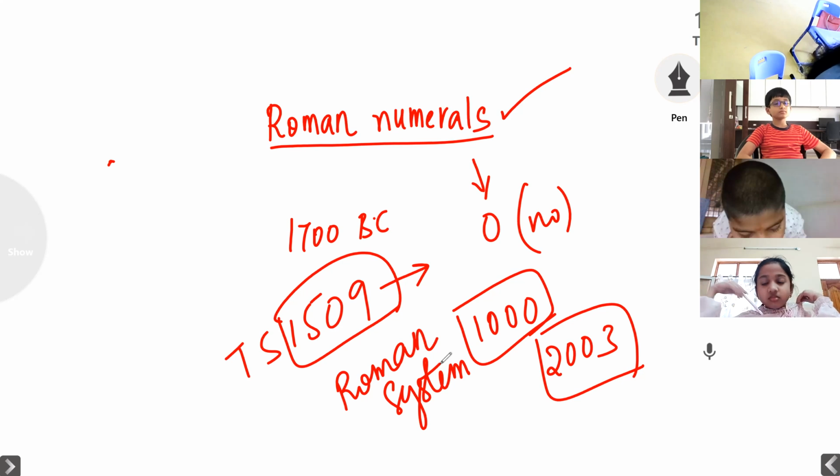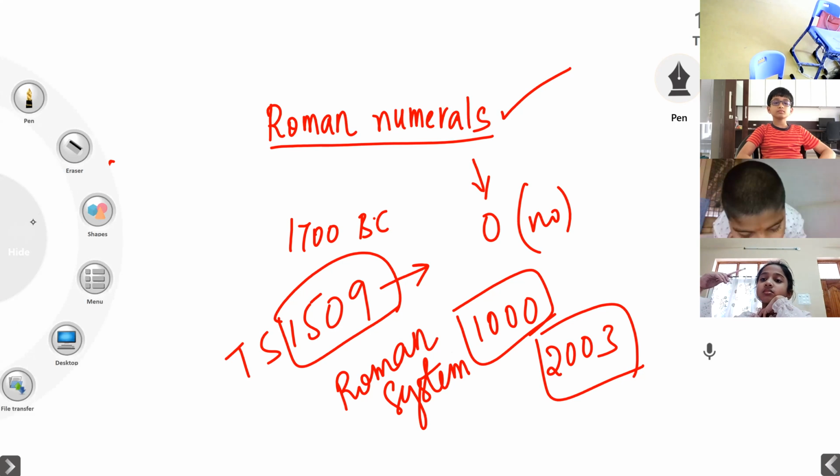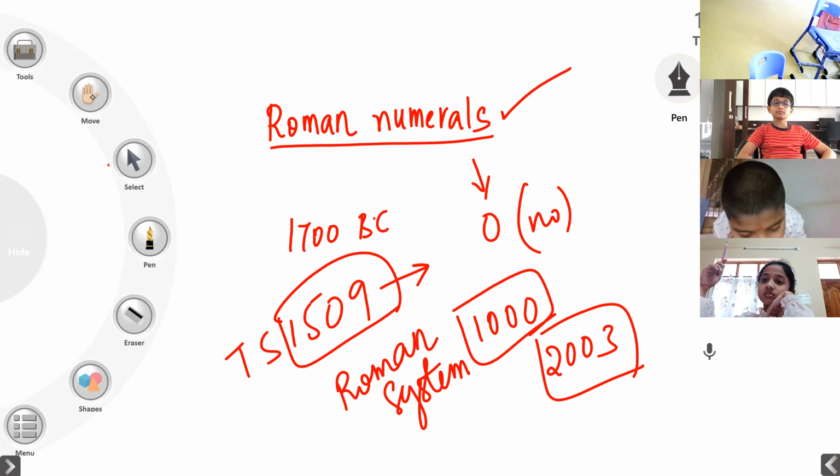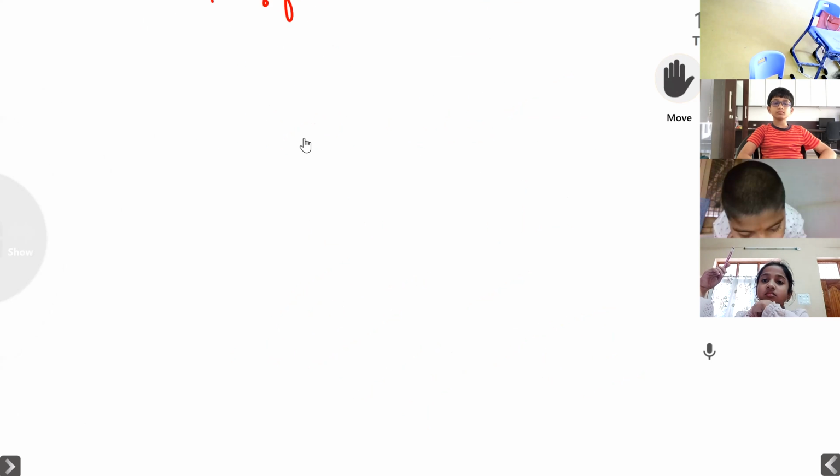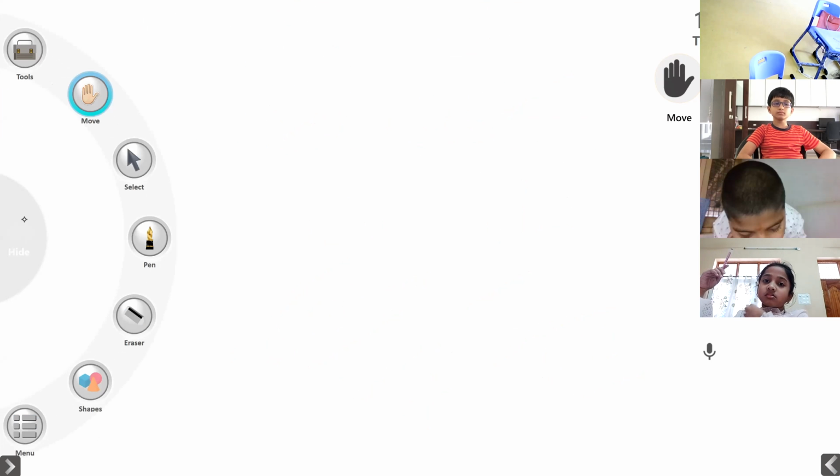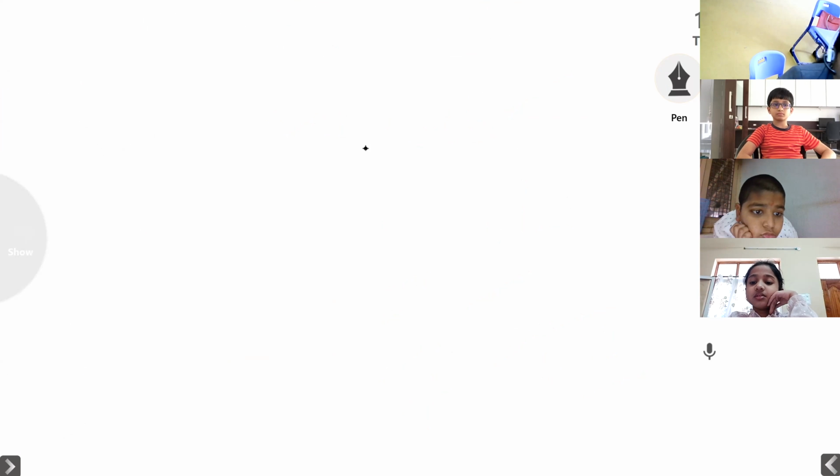But apart from the drawbacks of the Roman system, we need to know about the values they used in the Roman system. Let us know how they used to identify and write the numbers.